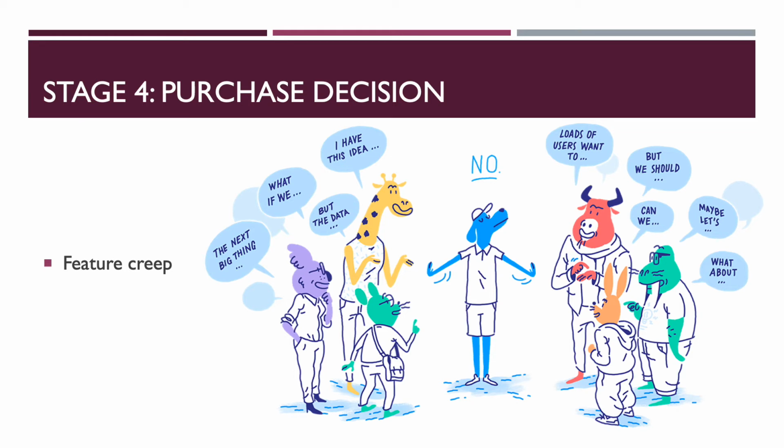Again, this is the addition of excessive features to an electronic, to a hardware, to a software that cause the product to become complicated and difficult to use. Rather than improving the product, the extra features end up diminishing usability and your product suddenly loses its first purpose.